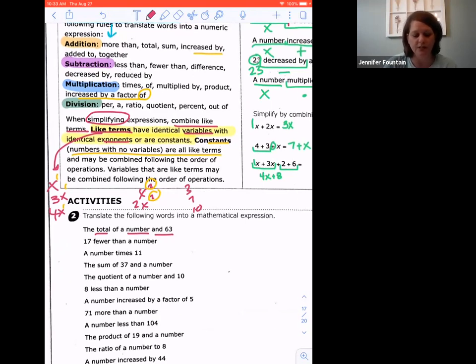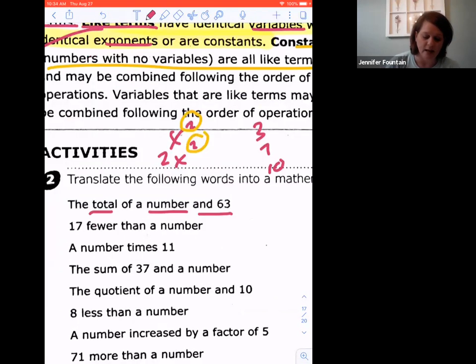Look at your list of addition, subtraction, multiplication, and division terms. I can see that the word total is listed as addition. So that tells me I'm going to be using addition here. It says a number. I don't know what my number is. And remember, we said we would just let that be the variable x. And 63. We know that number.